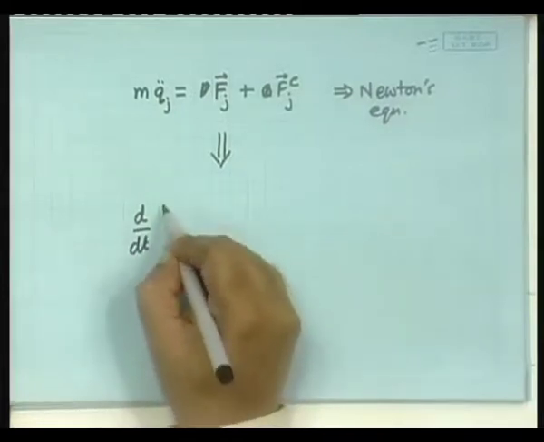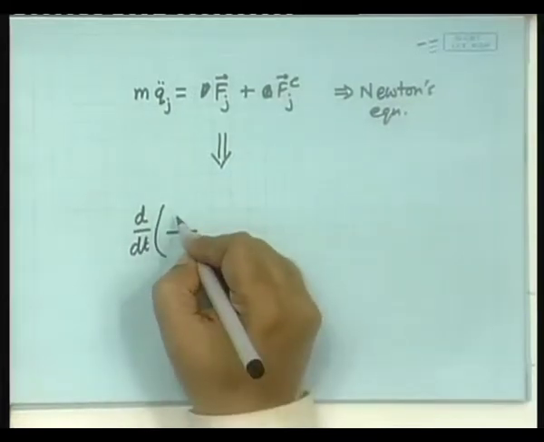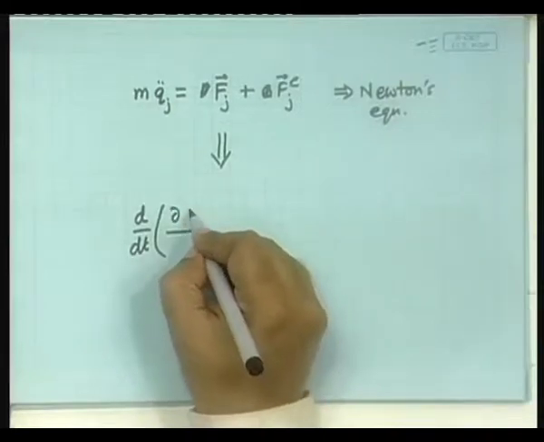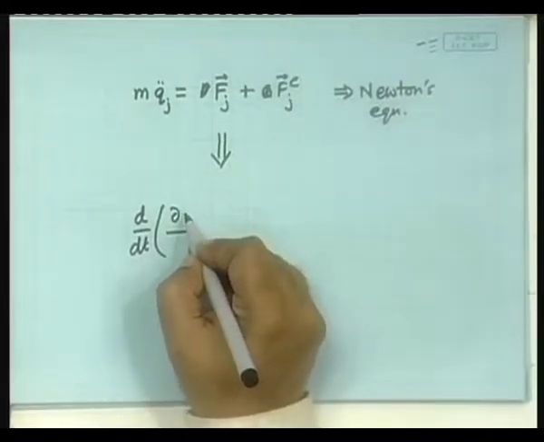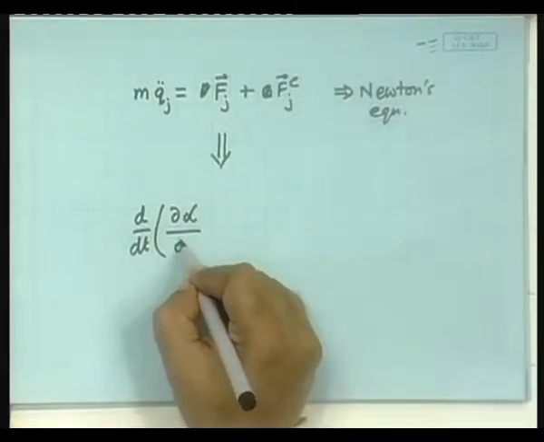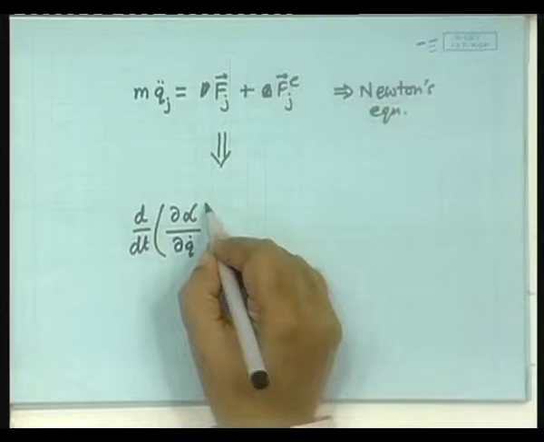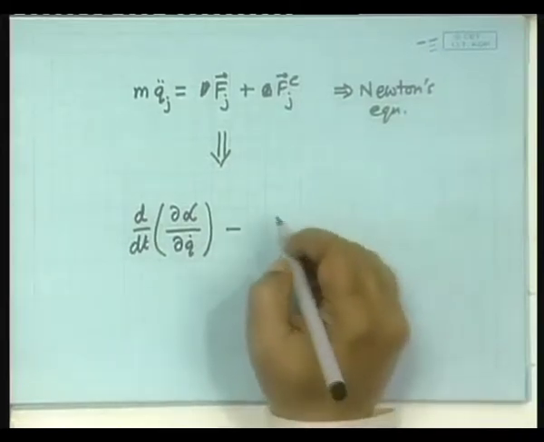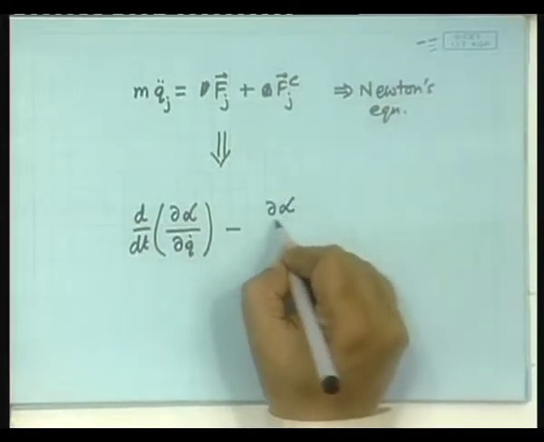dt of the Lagrangian function with respect to q dot, minus the Lagrangian function with respect to q.